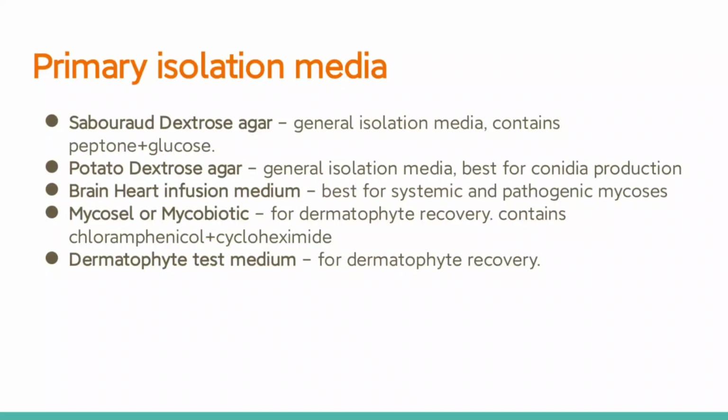So this is considered as your general isolation media, contains peptone for its nutrients. No? Kasi yung peptone, rich yan ng proteins, ng vitamins, no? So, nutrients yan ng inyong fungi and glucose. And syempre, pag glucose, energy source.